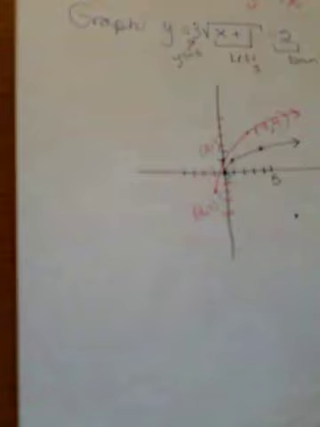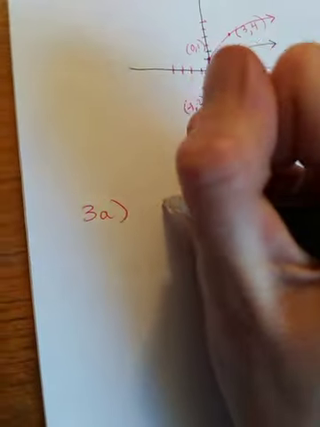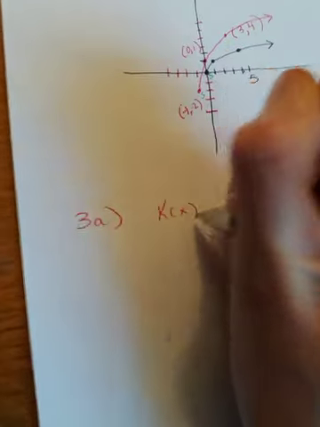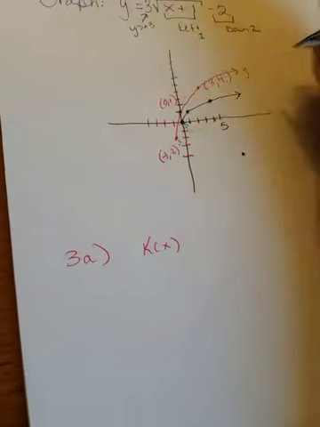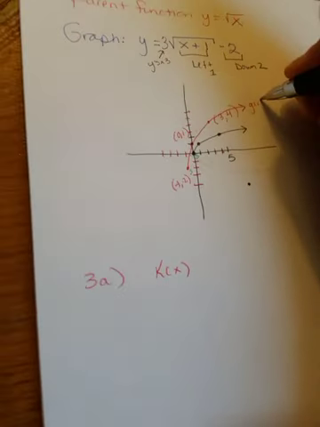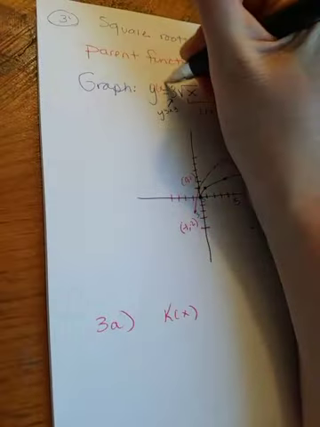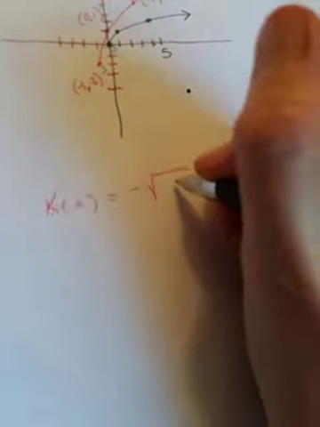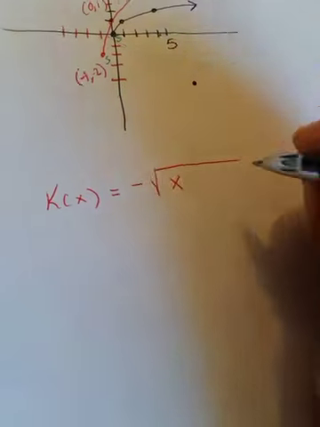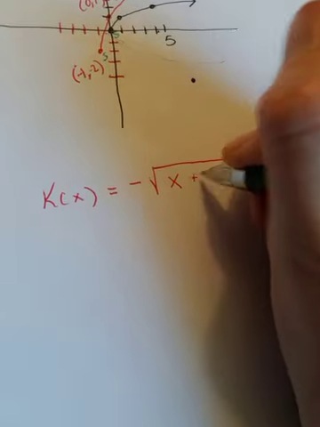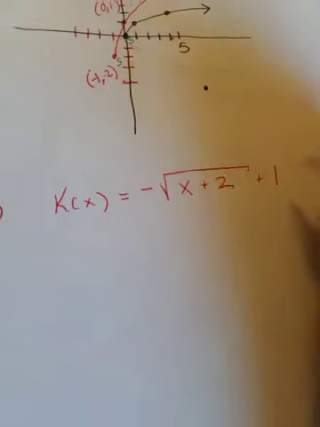All right? Let's do one more of these. We'll call it 3A, and call it g of x to stay consistent for the notes. So if k of x equals negative square root of x plus 2, and then plus 1.